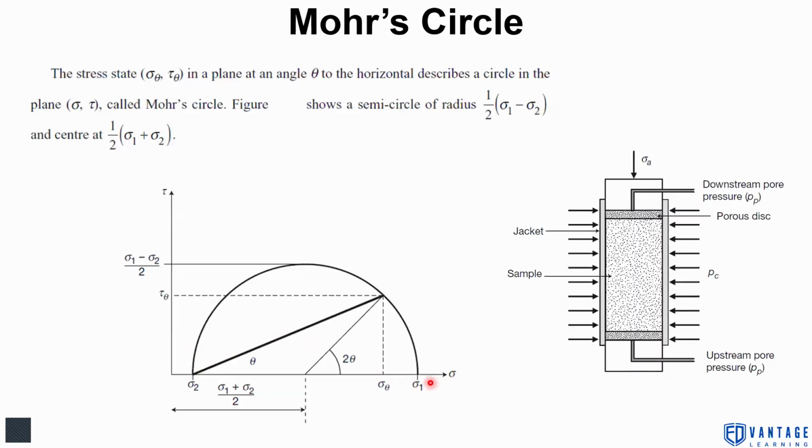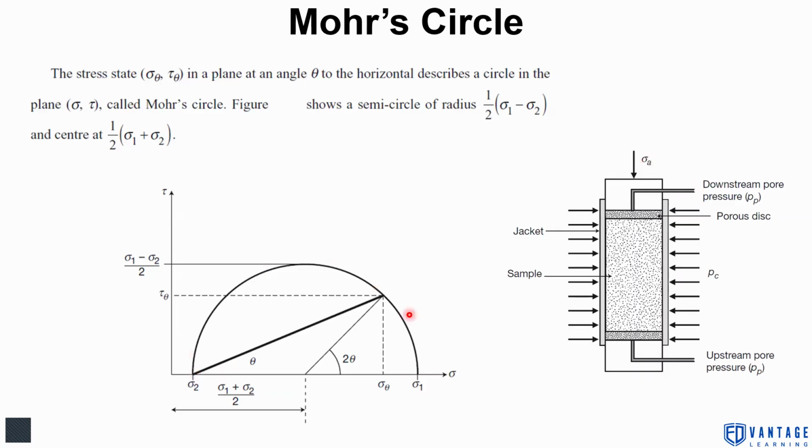So in the semicircle, you can see sigma 1 is nothing but your vertical overburden stress or axial stress that you give. Sigma A is sigma 1. And sigma 2 will be your confining stress, PC. Right? So from sigma 1 and sigma 2, we already know sigma 2. We'll fix it with the confining cell. And sigma 1 is what we get from the experiment of triaxial test.